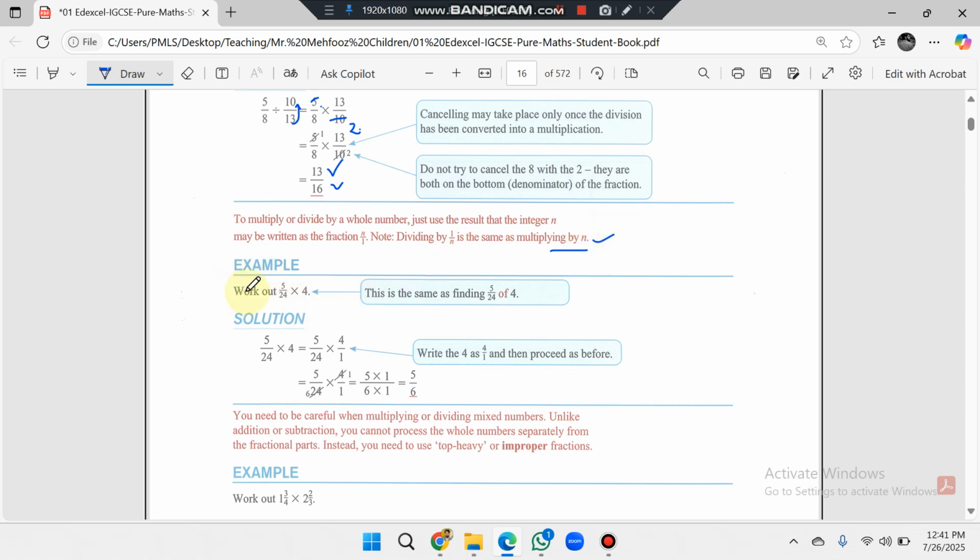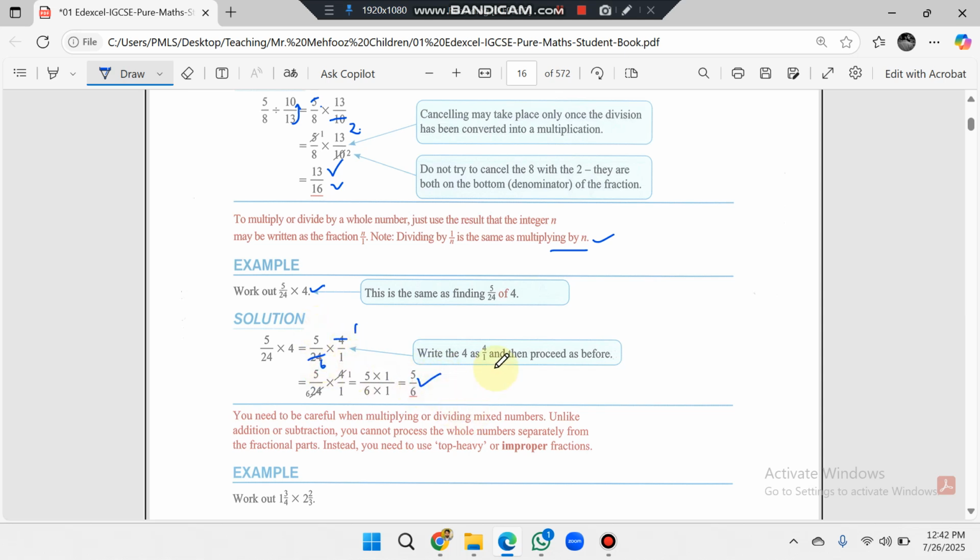So here work out 5 over 24 multiply by 4. This 4 can be written as 4 over 1. Now you can see that this 4 and 24 can be cancelled out. 4 ones are 4, 4 sixes are 24, and your answer will be 5 over 6.